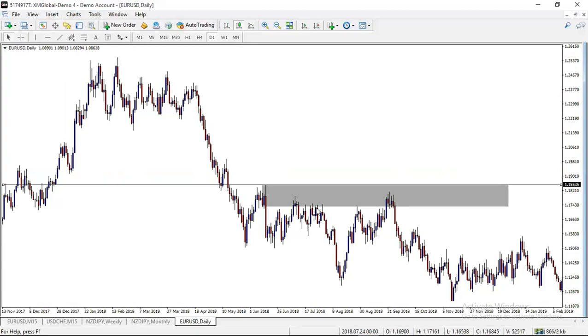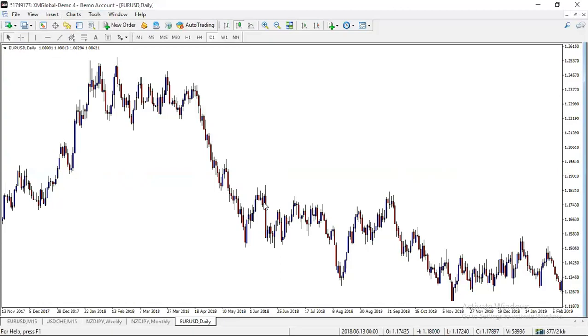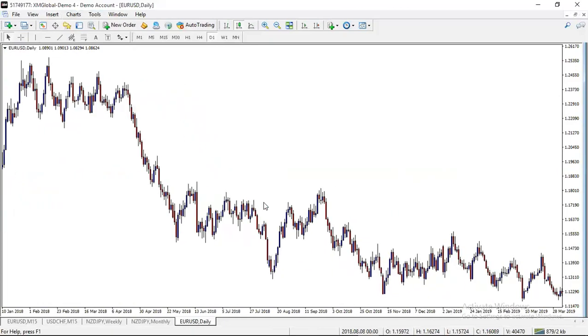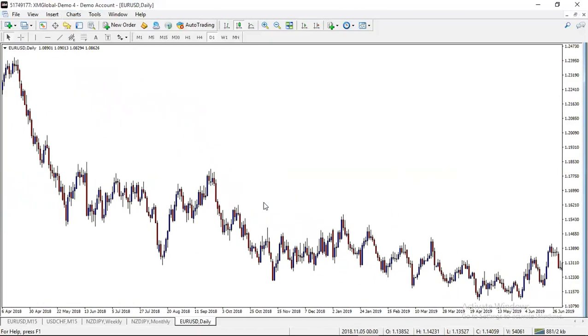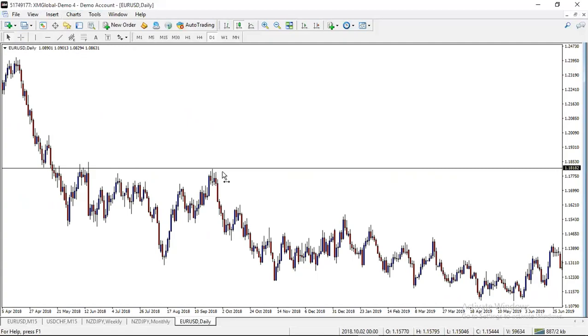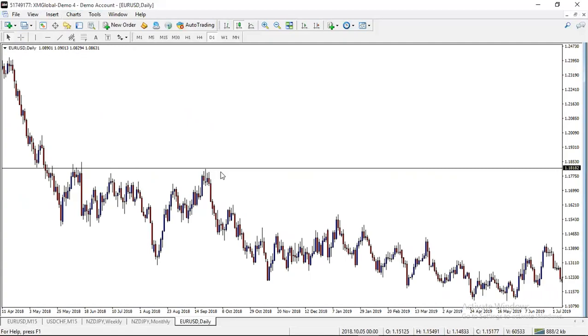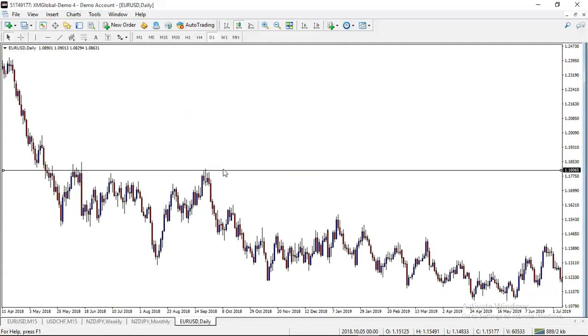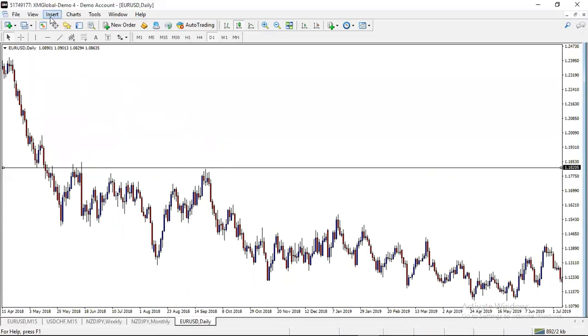it's more like your supply and demand zones, supply and demand areas. But this is just supposed resistance areas. Some do use supply and demand like this, but it's just different views. This is another resistance.